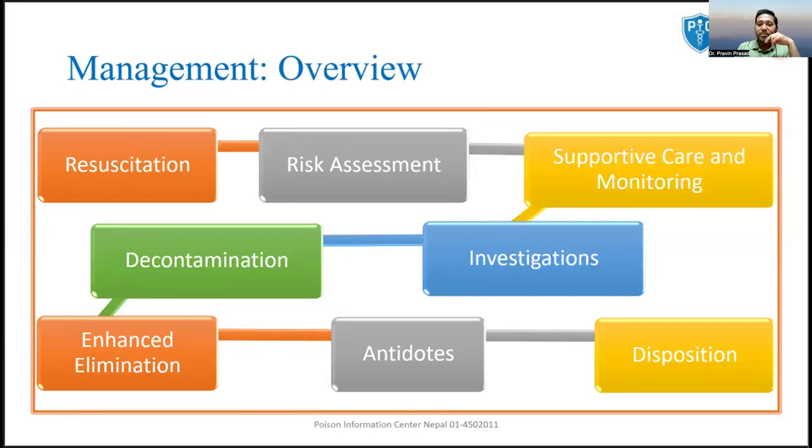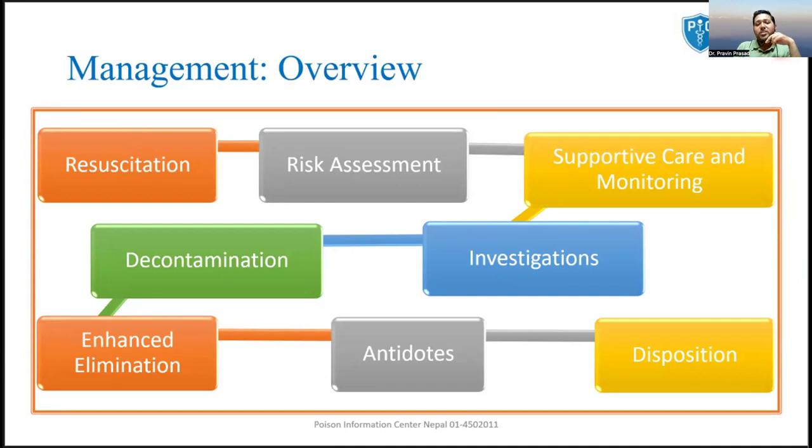Other than that, the mainstay would be supportive care and monitoring. So you want to monitor the patient. You want to provide all the supportive care available. You might need to send some investigations. Decontamination in resource poor setting, like in our country, we might want to decontaminate the patient if the patient presents early, within 1 hour.